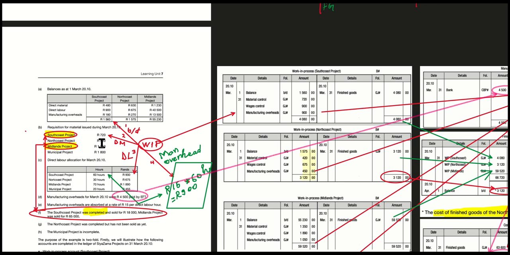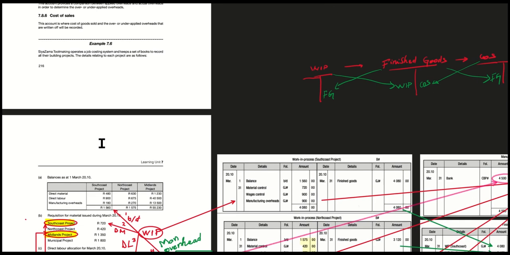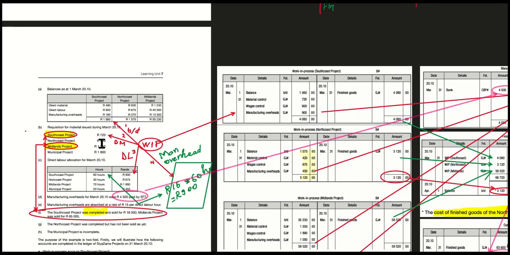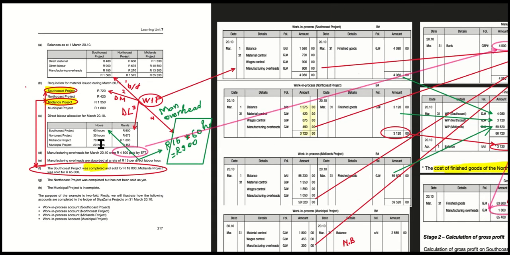So the balances at 1st March, if it's at the beginning, that tells you already, and it's a balance, it's an opening balance, that tells you already that we would need to take into account opening balances, right?